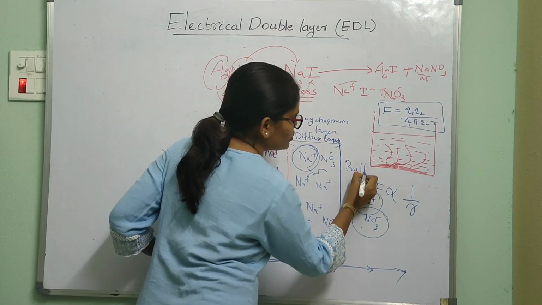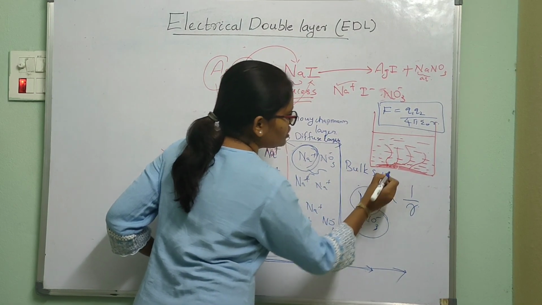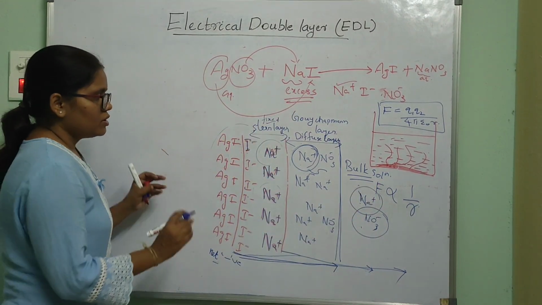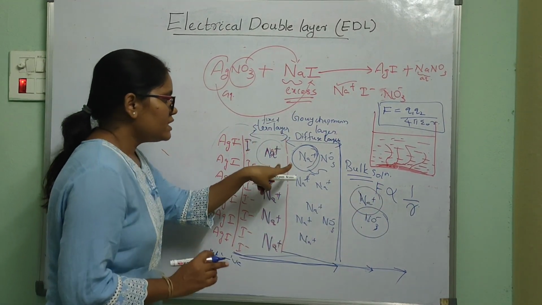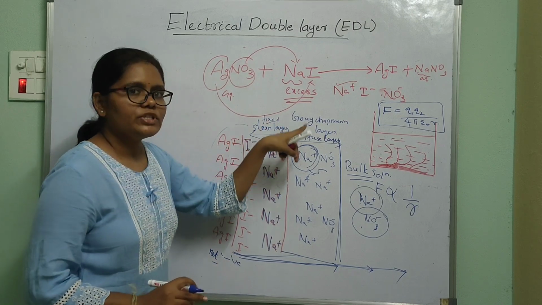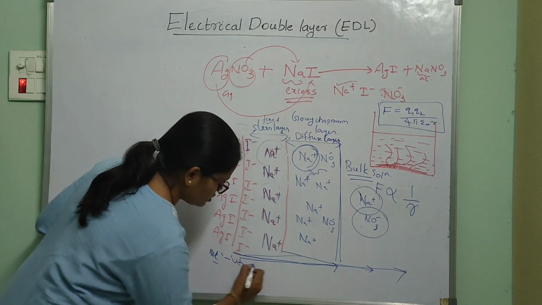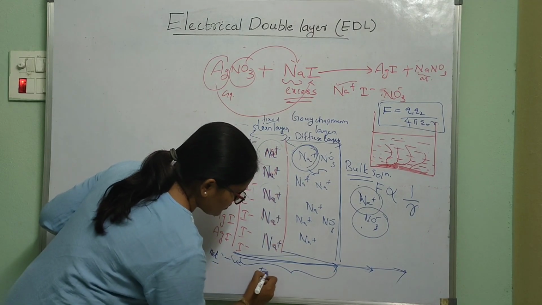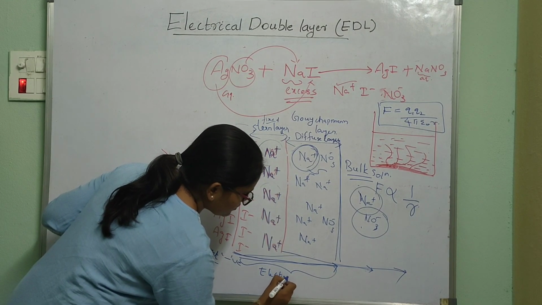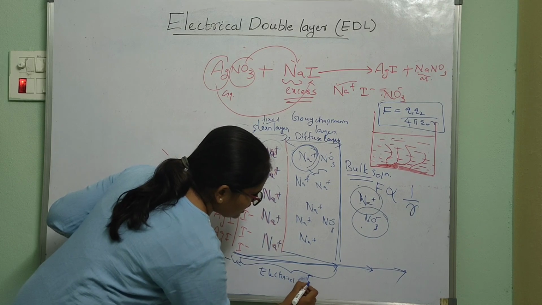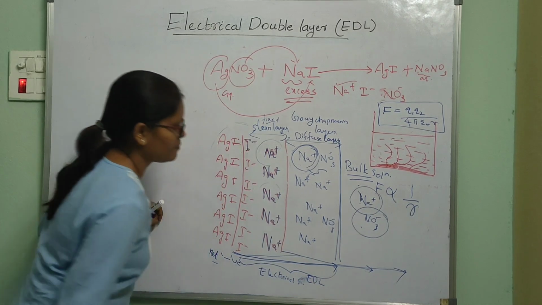That is where the bulk solution starts. Now the Stern layer and Gouy-Chapman layer together are called the electrical double layer, EDL.